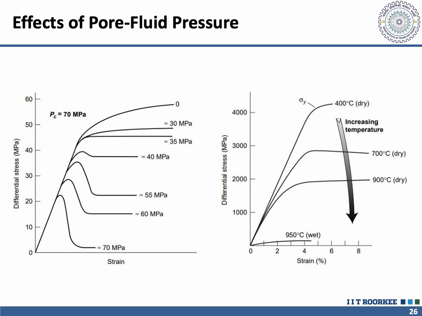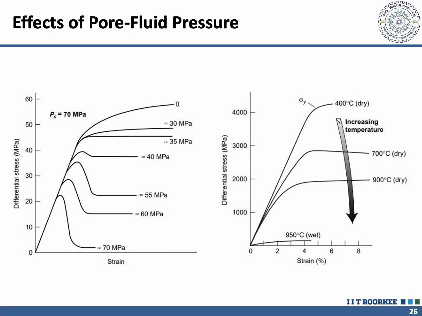Now, if we look at the right graph, there is the effect of temperature on quartzite, dry and wet. The deformation behavior of quartzite at increasing temperatures is observed at 400 degrees C, 700 degrees C, 900 degrees C, and 950 degrees C. Here, as temperature increases, the strength of quartzite decreases.